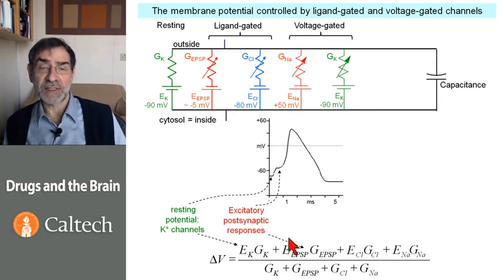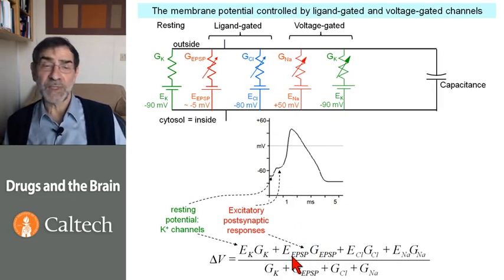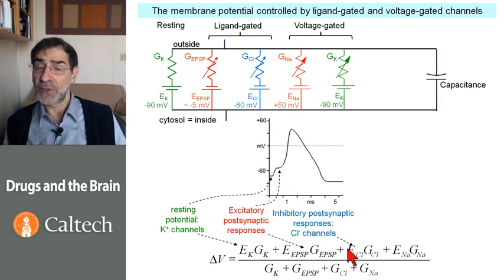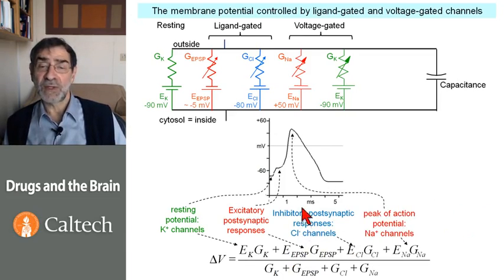And then during the excitatory postsynaptic responses, we're dominated by the reversal potential for the postsynaptic potential. And then we're not showing inhibitory responses in this trace. During the peak of the action potential, sodium channels are open, and the membrane potential goes to roughly E sodium, roughly almost plus 50 millivolts.